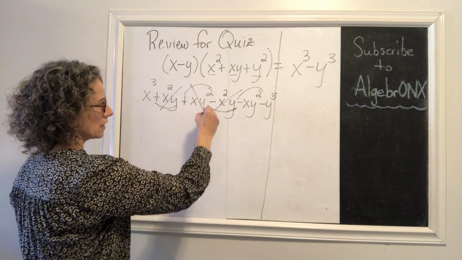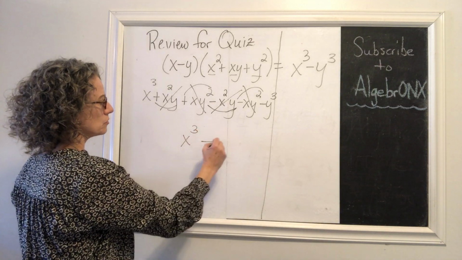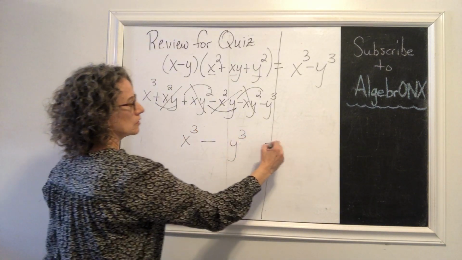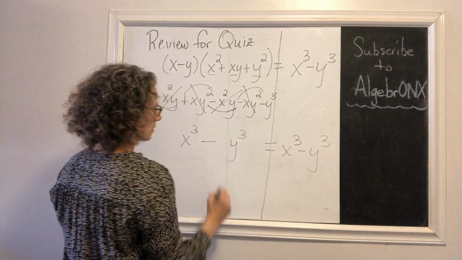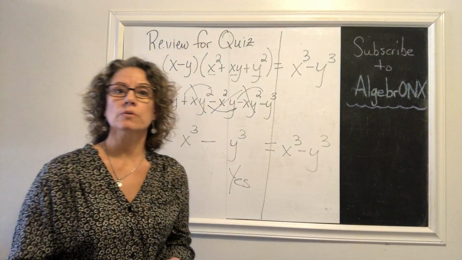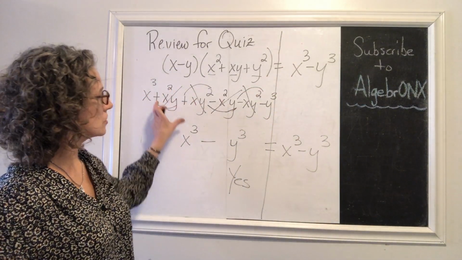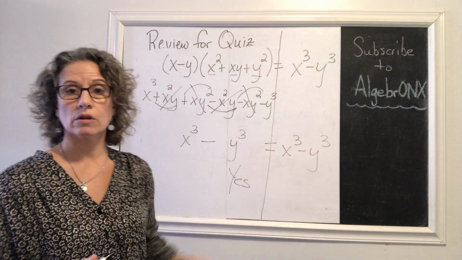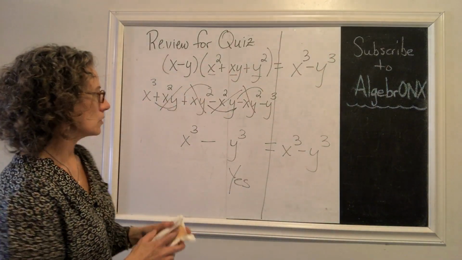Again, that'll cancel out. And the only thing that remains now is x cubed minus y cubed. And it does, in fact, equal x cubed minus y cubed. And so we say, yes, it's an identity. Okay? Notice we didn't touch the right side. We left it, and we just tried to transform the left to make it look like the right. And that's how you prove an identity. Okay.